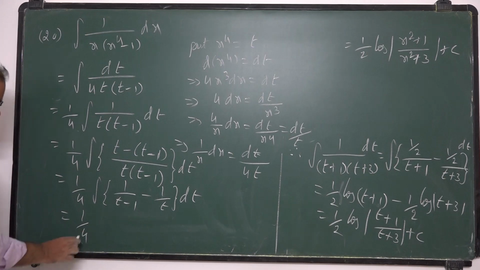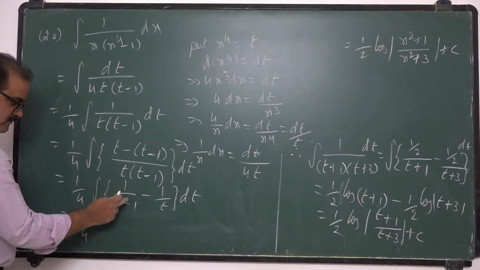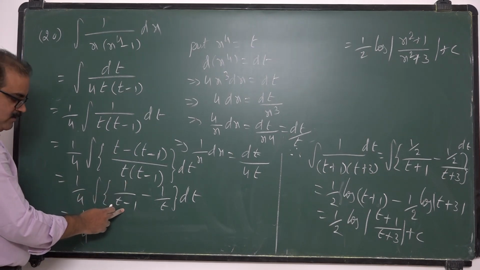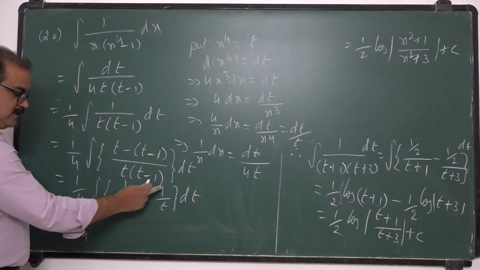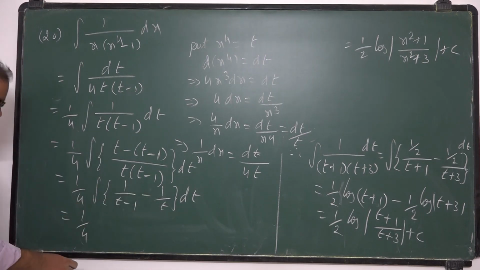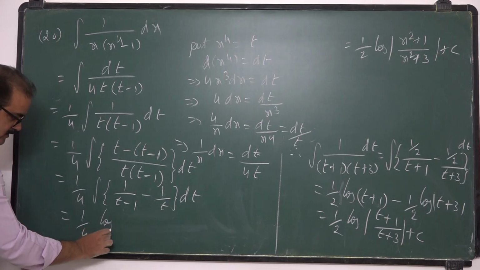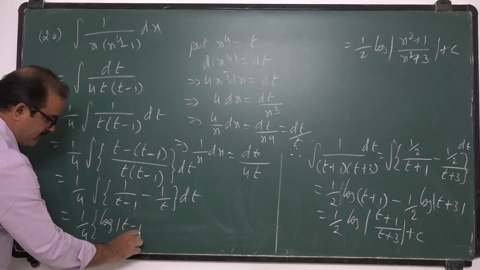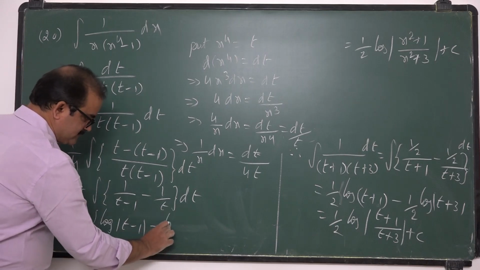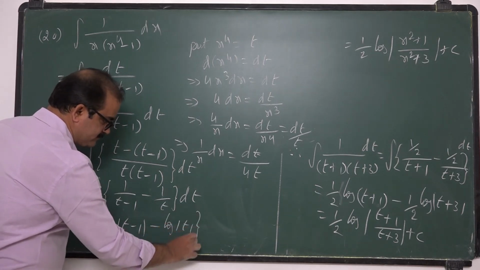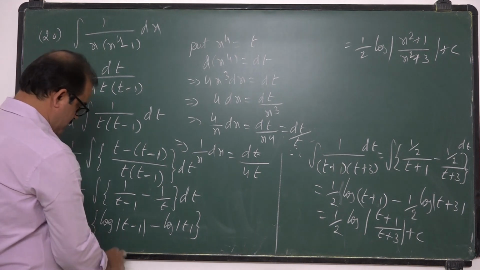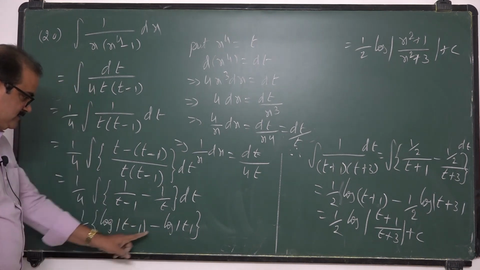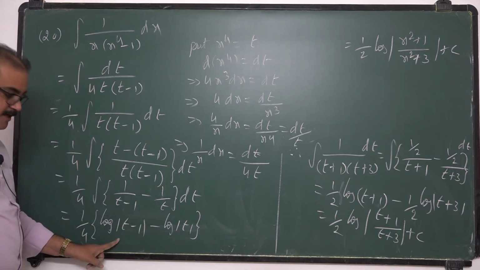1 by 4 into, it is in the form of integral 1 by x dx. It is also in the form of integral 1 by x dx, that is log mod (t minus 1) minus log mod t. It is in the form of log m minus log n, that is log m by n.